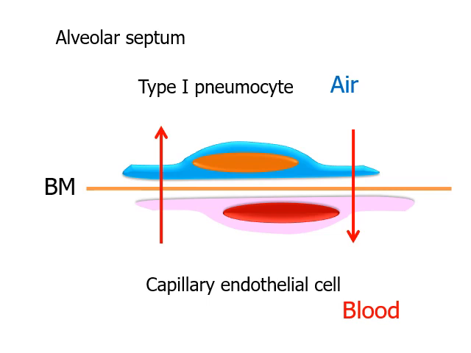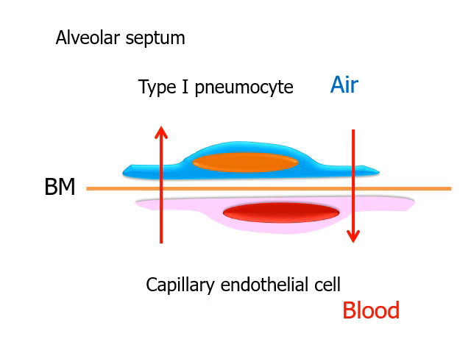Okay, so here you can see a diagram. You have the type 1 pneumocyte, the combined basement membrane, and the capillary endothelial cells, right? So the diffusion of gas can happen across this membrane according to whatever gas it is on either side.